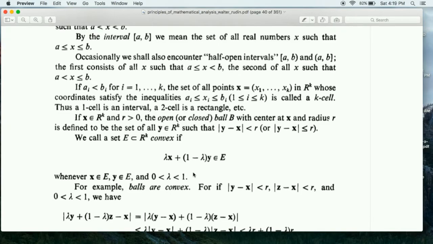This is a rigorous way of expressing the geometric notion of convex figures like balls, rectangles, circles, and so on. We take any 2 points, join them by a line, and that line wholly lies in the geometric figure. So, this is what it is.